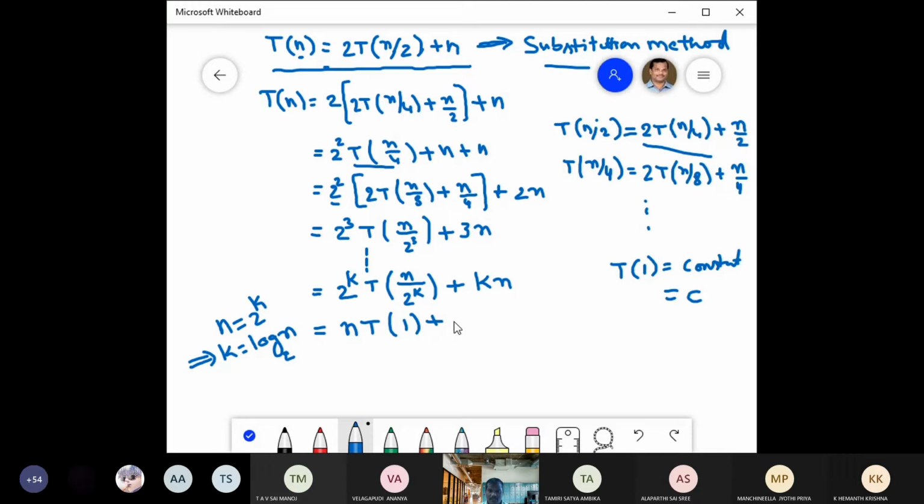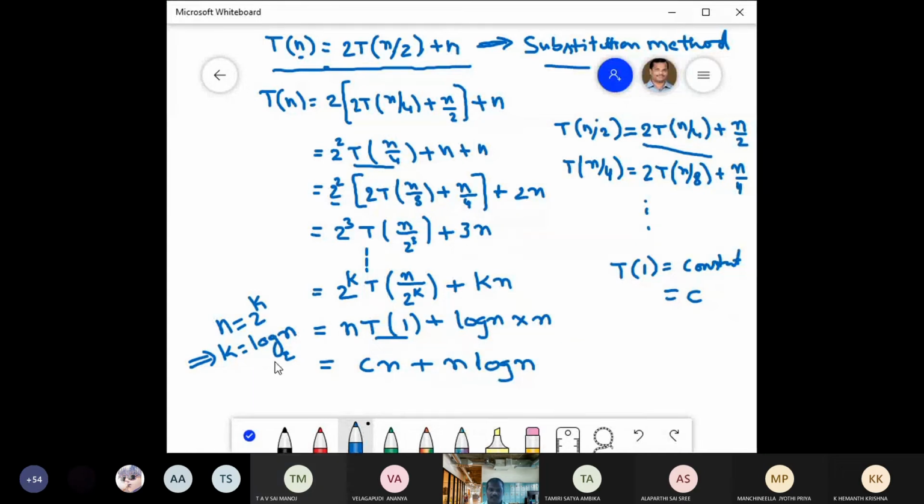So it is n log n, and T of 1 is C. So this is Cn plus n log n.